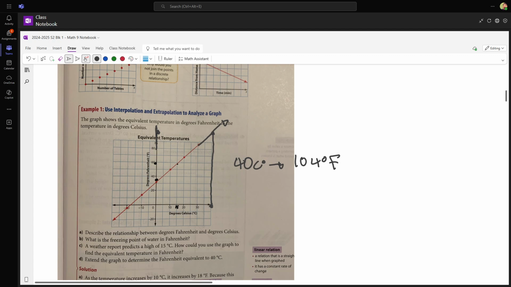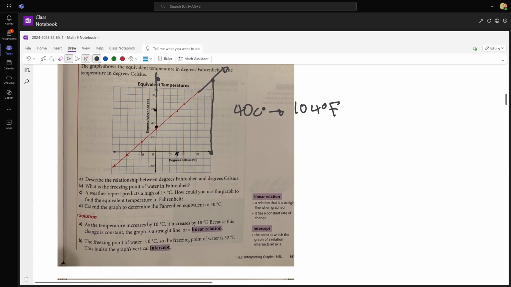Okay. If we look at this, describe the relationship between Fahrenheit and degrees Celsius. We take any one of these points, let's say this one and this one. We do our delta y over delta x, and then it would be y1 minus y2 and x1 minus x2. Plug in our values.